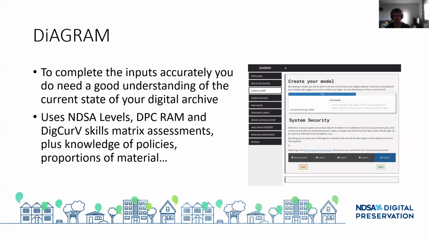And then ways of creating scenarios to investigate and model what happens to your risk if you were to change particular aspects. So the input questions now use combinations from things like NDSA levels, DPC RAM, DigiCurve, skills matrix assessments, wider questions about information security and knowledge of your policies, proportions of material you have in the archive.